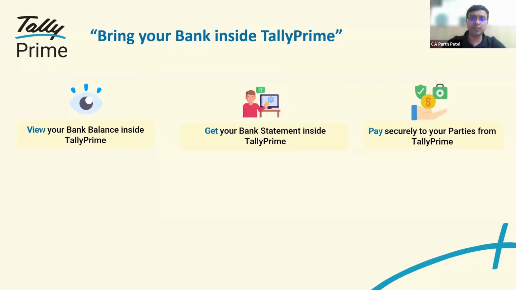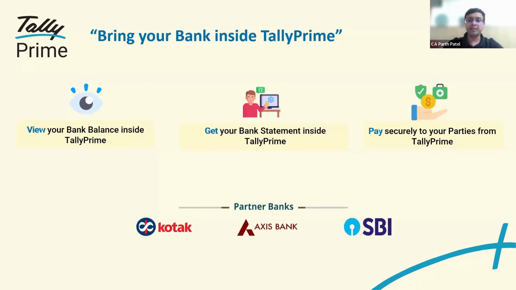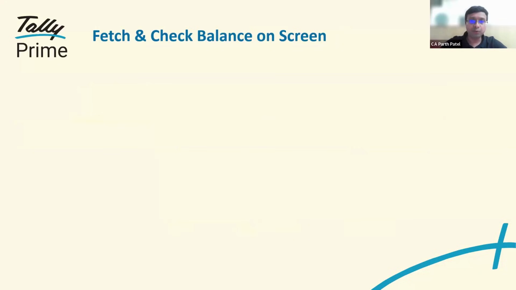Now the question comes, for which banks will we have all these experiences? Initially, TallyPrime has partnered with three banks: Kotak, Axis, and SBI. For these three bank accounts, you'll be able to experience all three functionalities seamlessly once it is available, right? So let's go ahead.